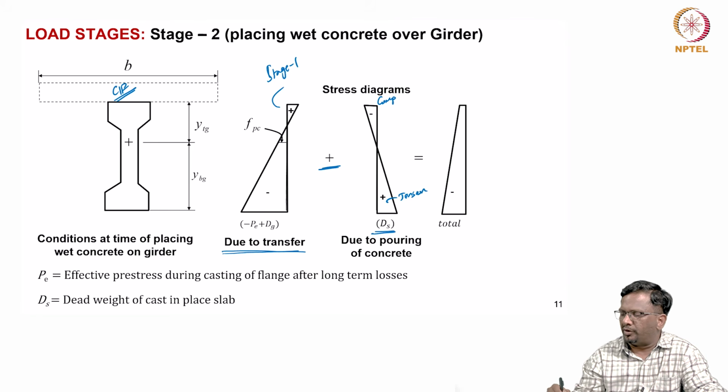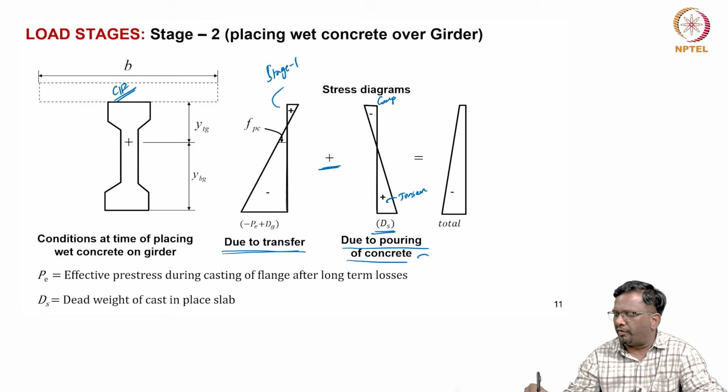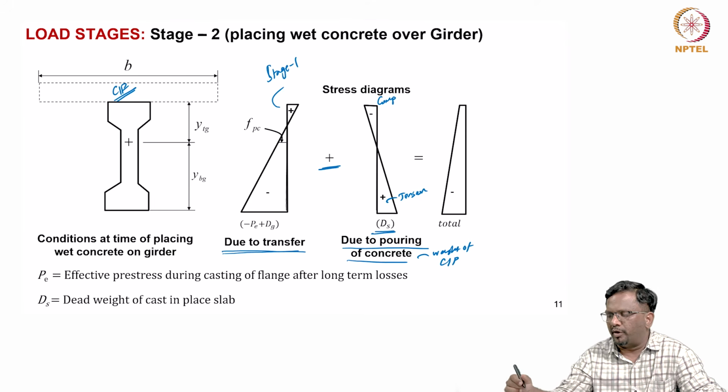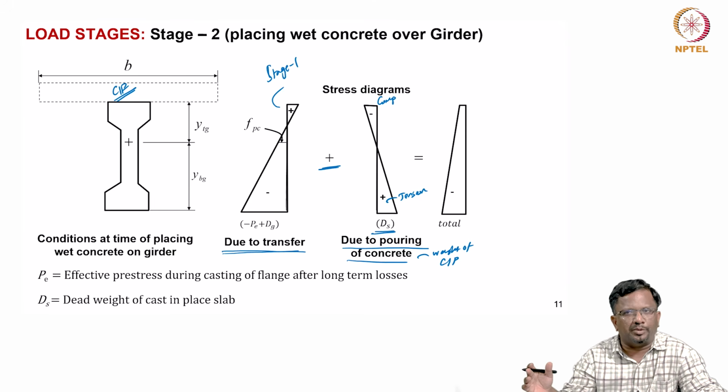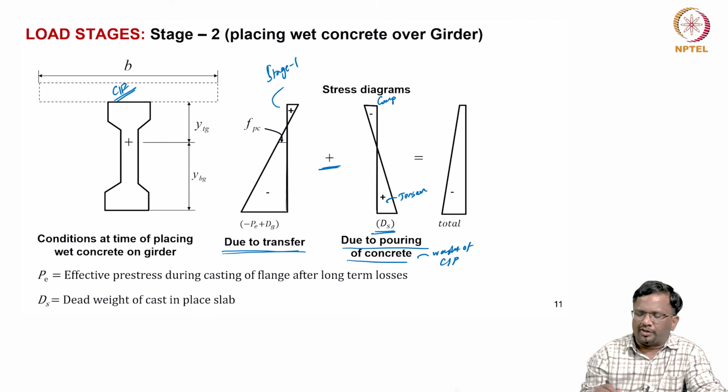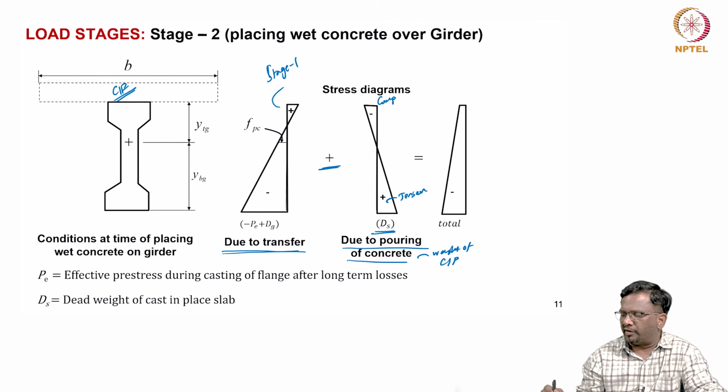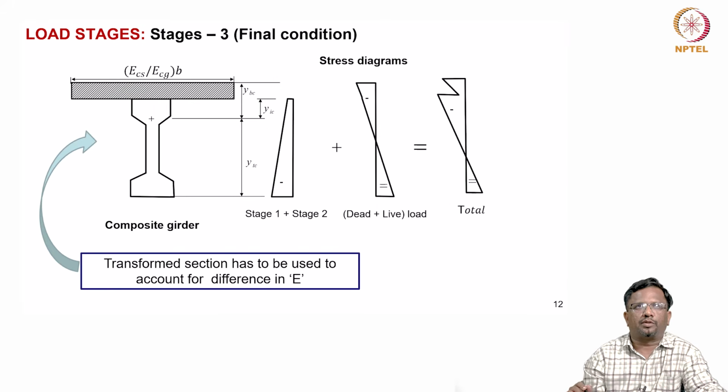So, this is due to the weight of your cast in place concrete. When you add them up, you get the entire section maybe in compression. That is what we are trying to look at. PE is the effective pre-stress during casting of flange after long term losses. DS is the dead weight of the cast in place slab that we talked about.